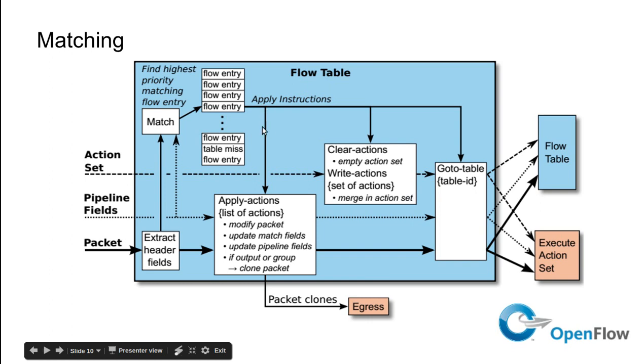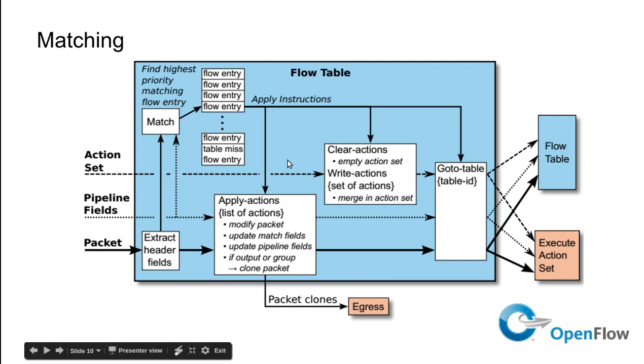So if we find a match, and if that match points to the output ports, we just apply the action, we modify the packet, we update the match field, we update the pipeline field, and we finally send it to the egress port.